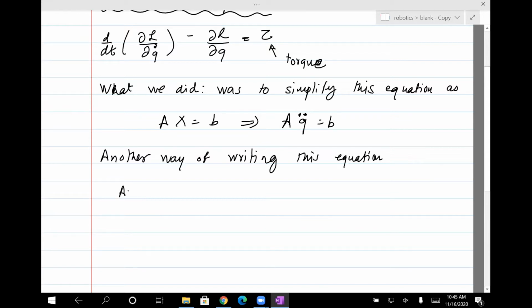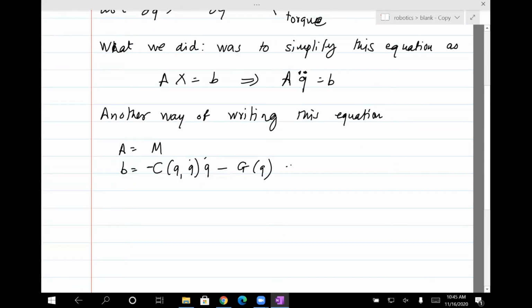A is what is known as a mass matrix, and then the B term involves what is known as the Coriolis force term. That's typically abbreviated as C(Q, Q dot) times Q dot, still with a minus sign, and minus G(Q). This is the gravitational part of the torque, and then there'll be a torque.